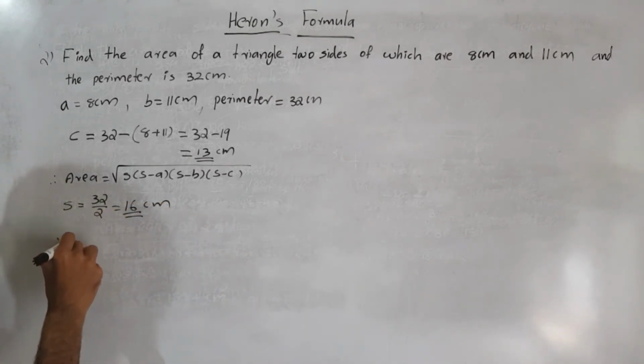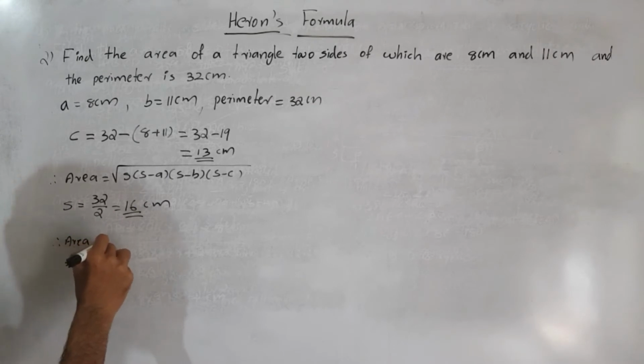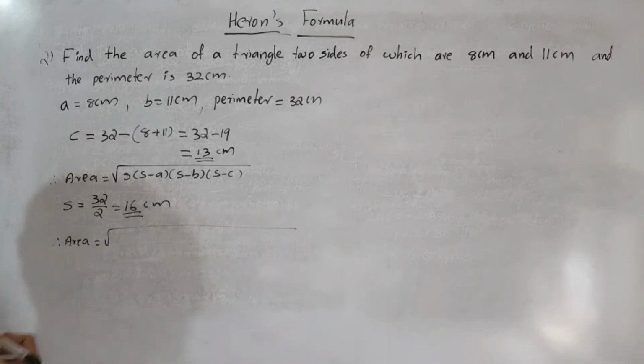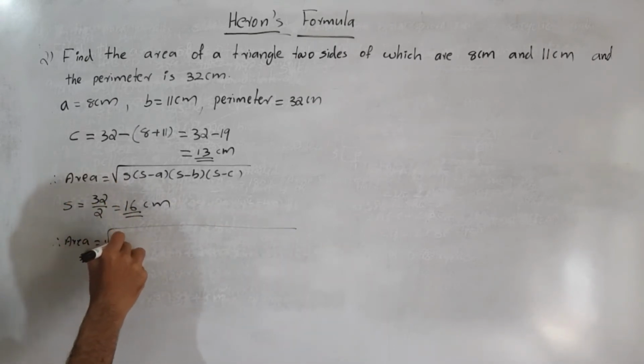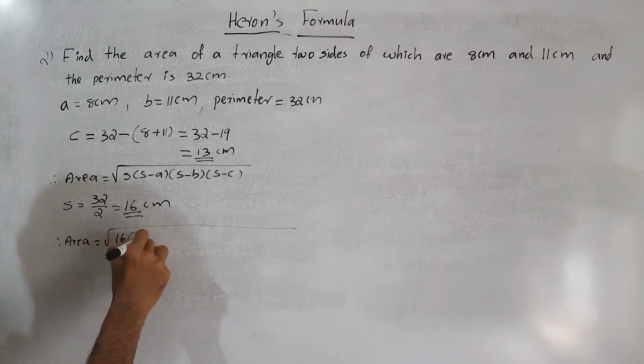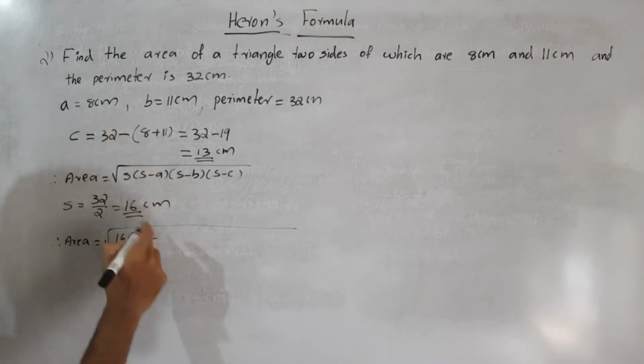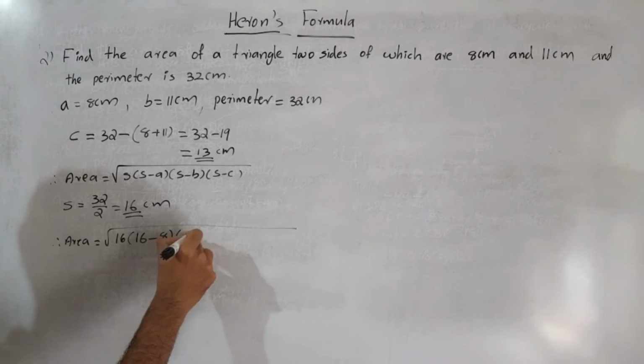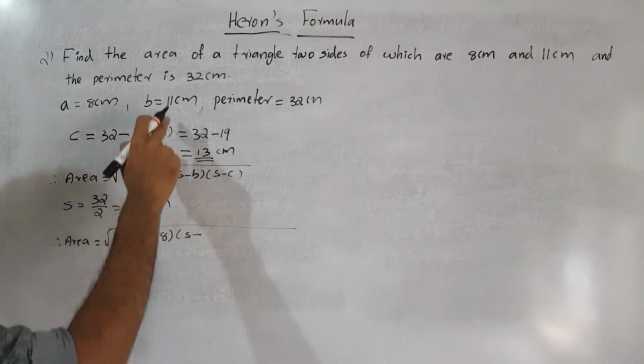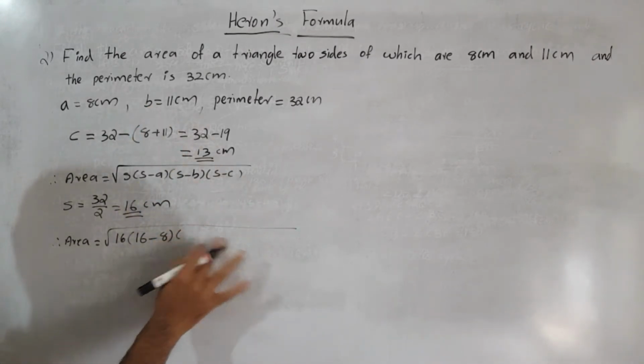Therefore, area is equal to, we substitute all the values. S means 16 into 16 minus A, which is 8, into S minus B. What is B? B is 11. What is S?